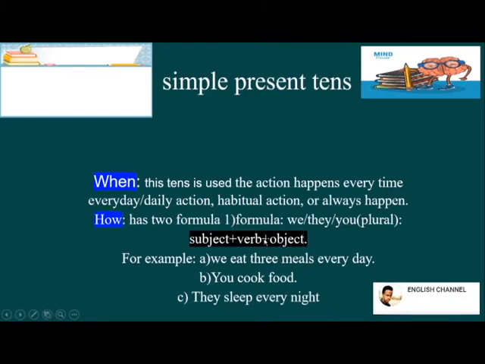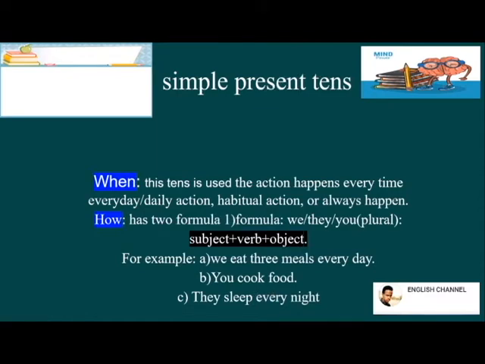Sometimes the object is absent. Sometimes there is no object, like this: they sleep every night. So every night is not an object, it is an adverb. It shows when they sleep, how many days, the frequency of the sleep.